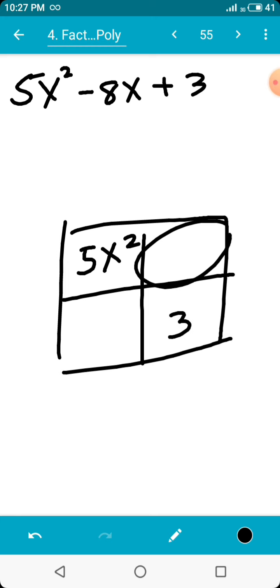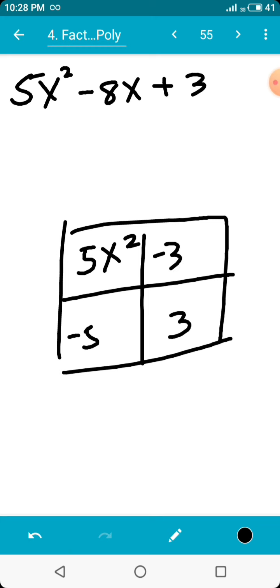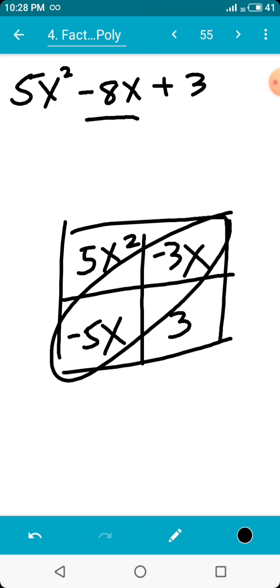So, yung gagamitin natin dito, kung naalala nyo yung factors na ginamit natin para kay 15, tama ba? Ito kasi yan, di ba? Minultiply muna natin to. So, yung factors na ginamit natin para kay 15, para pag inadd natin ay negative 8 ay negative 3 at saka negative 5. Tama ba? So, nilagyan lang natin to ng x. So, ibig sabihin, pag kinumbine natin to, ito lang yung lalabas.